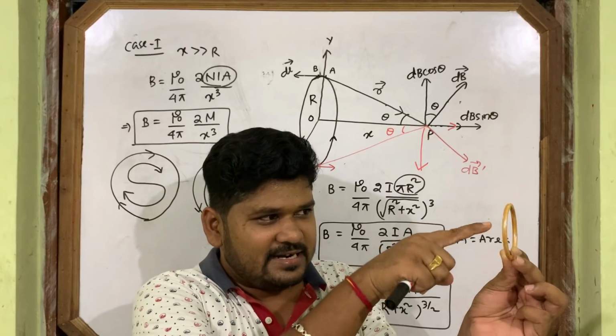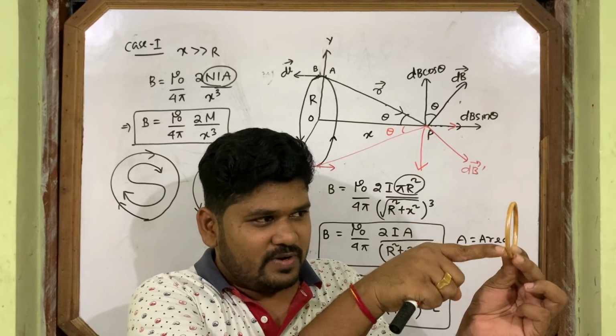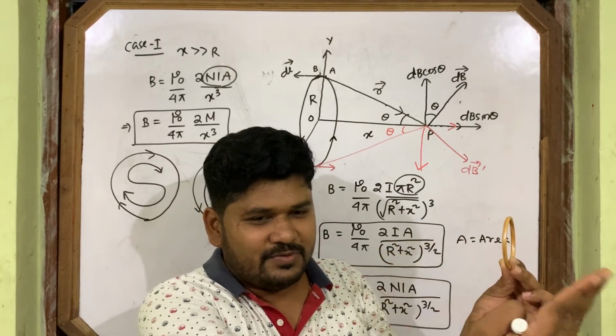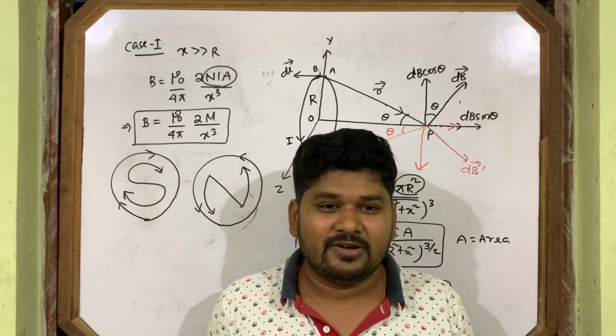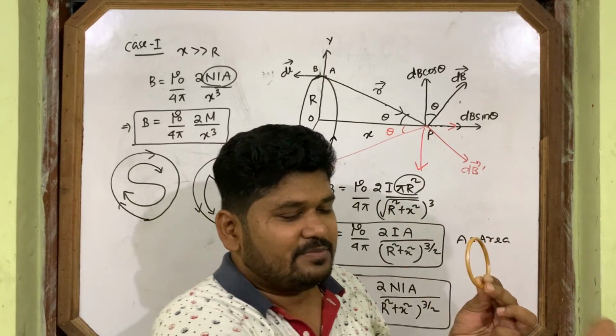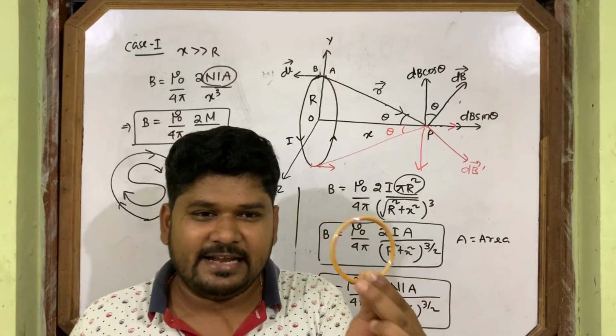Do the finger like this and ask: from my side it is clockwise, from your side it is what? Obviously that person will say anti-clockwise. When from my side it is clockwise, from the opposite side it is anti-clockwise. You can test it at home.